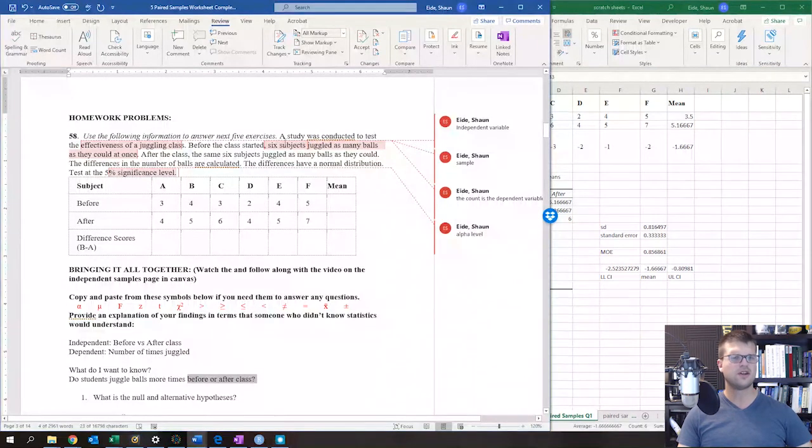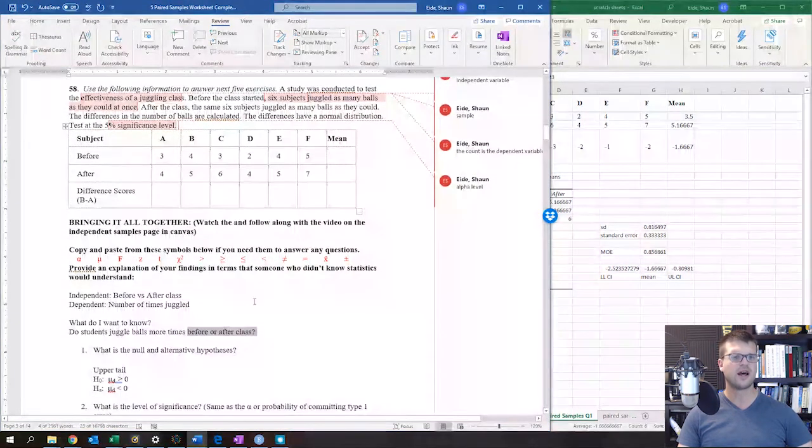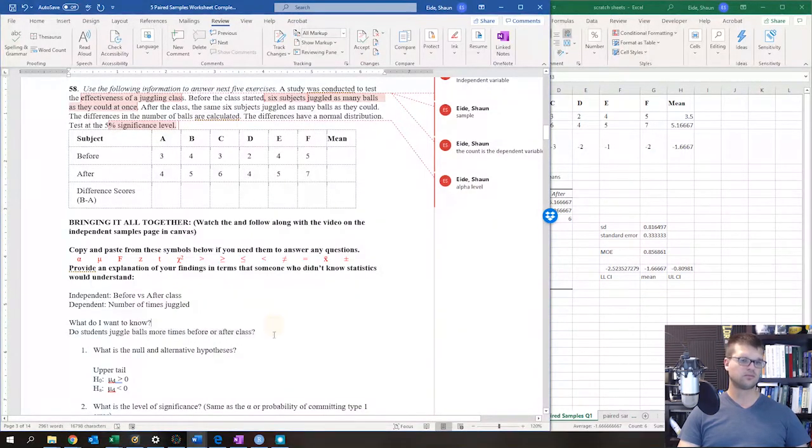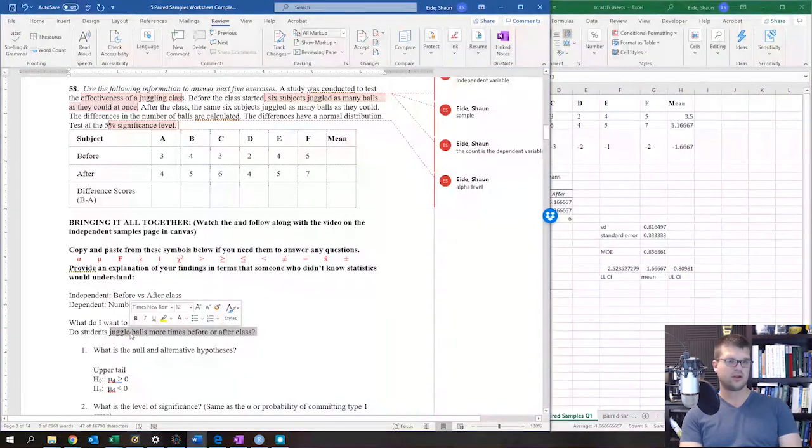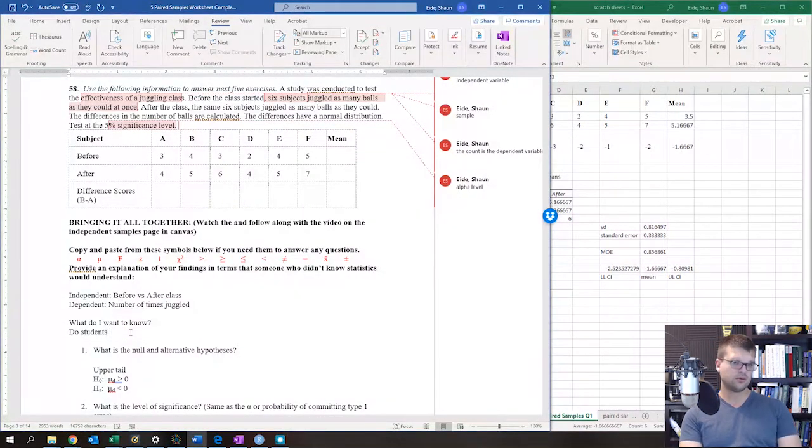The study was conducted to test the effectiveness of a juggling class. So we have before class and after class. So do students juggle balls more after class? So this is one way that you can write it.